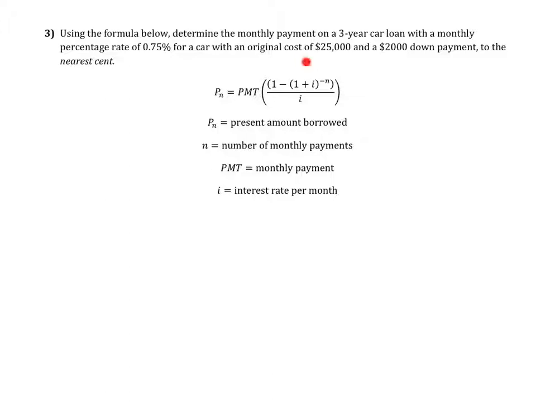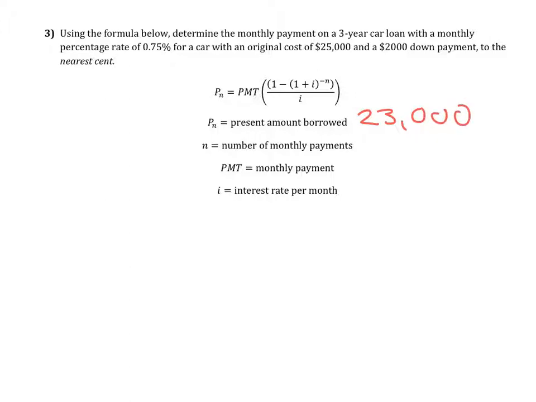Notice, the car costs $25,000 and you're putting a down payment of $2,000 down. So P sub n represents the amount you're borrowing. Are you actually borrowing $25,000? No, and I hope you've caught that. If you're putting down a down payment of $2,000, then you're only borrowing $23,000.